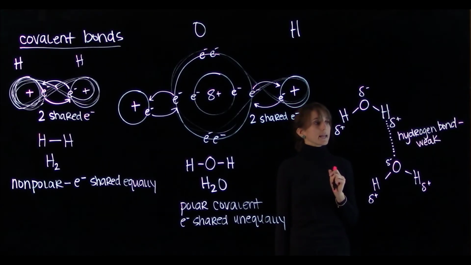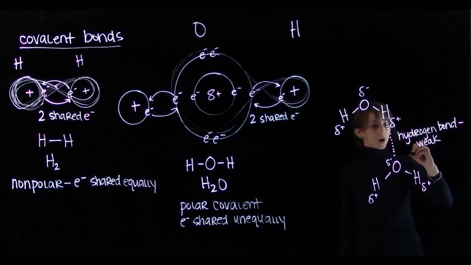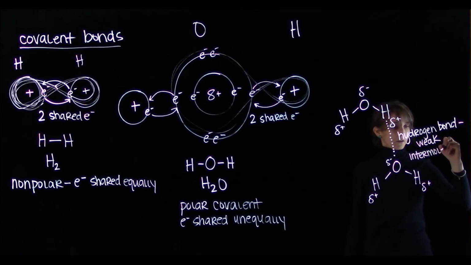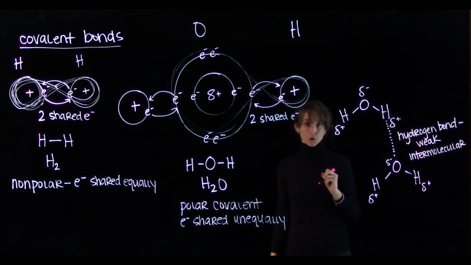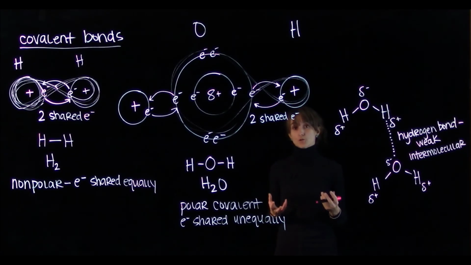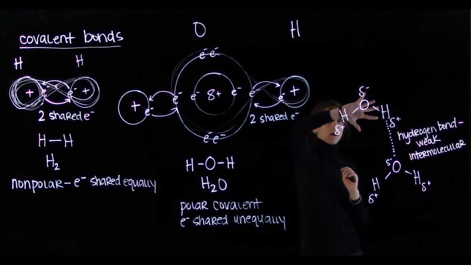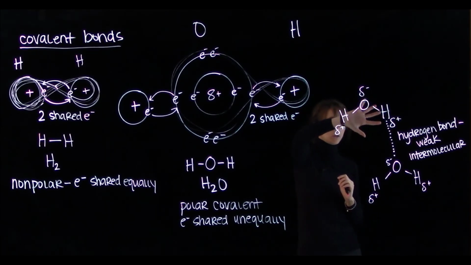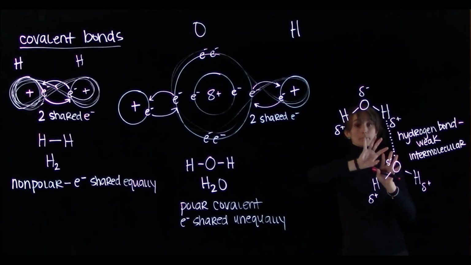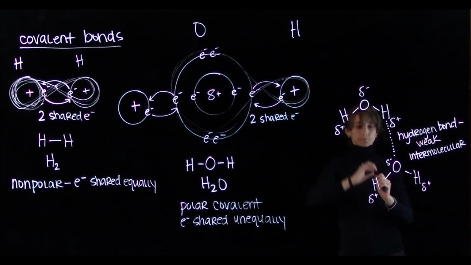Another difference is that hydrogen bonds are intermolecular. The prefix inter means between, and molecular just refers to the molecules. So here we have one water molecule and a second water molecule with the hydrogen bond going between those two molecules.